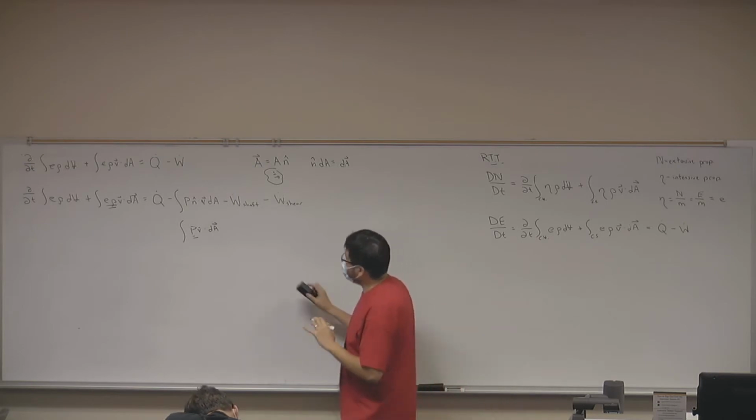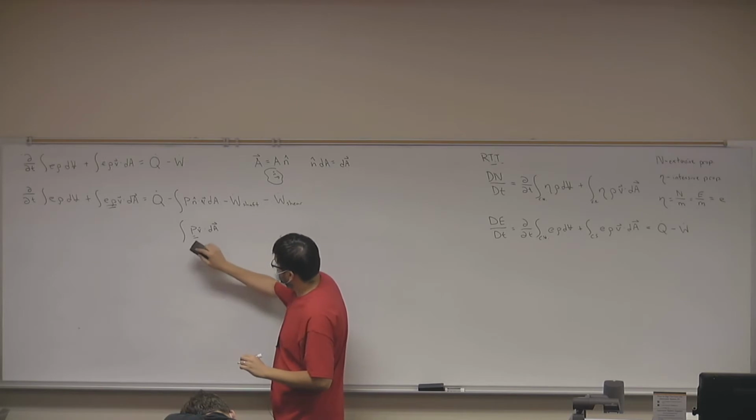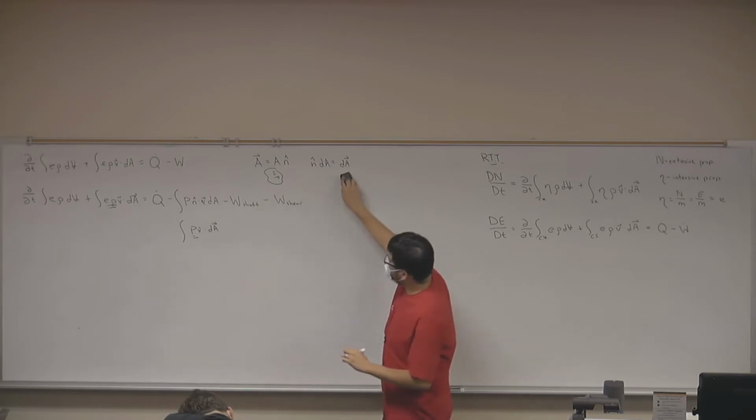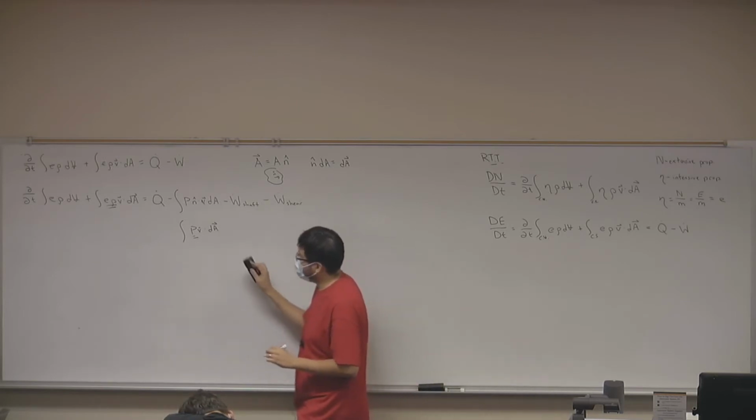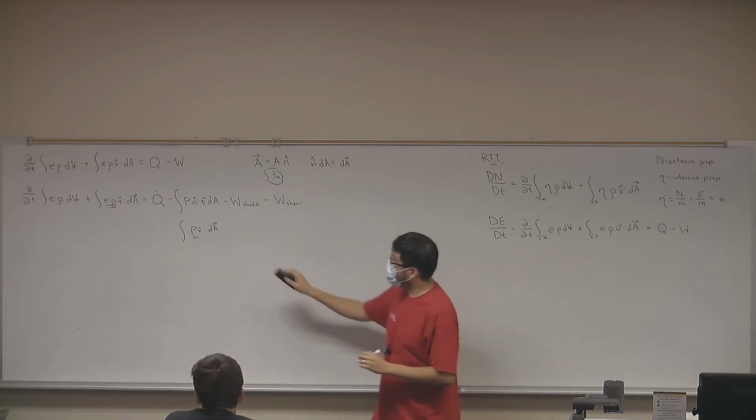So the reason I want to express my pressure term in terms of an area vector instead of an area magnitude is because now I can bring this pressure integral into my flux integral.